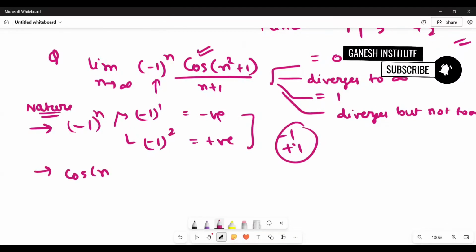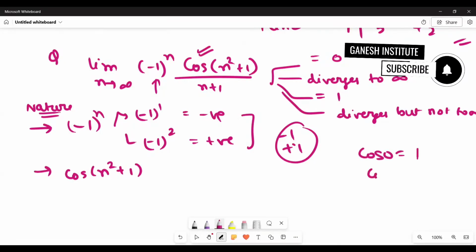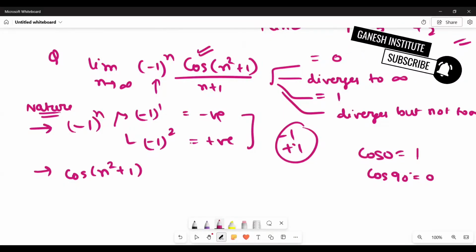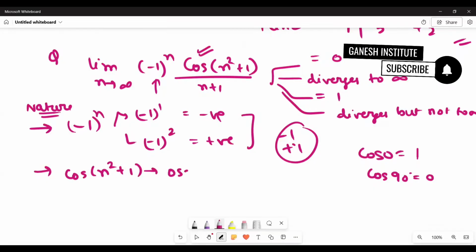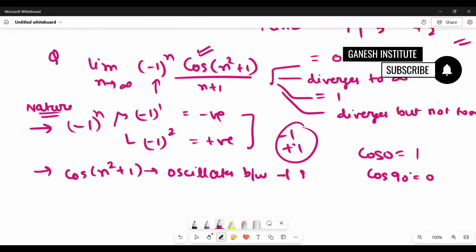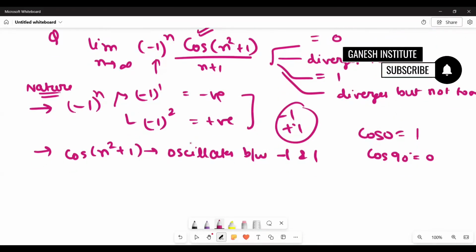Second is the cos value. Cos 0 is 1, cos 90 is 0, and all those values always lie between these two. So it is oscillating between -1 and 1.